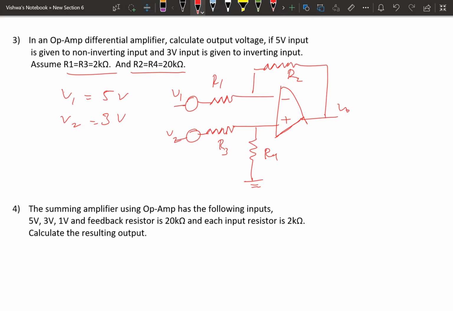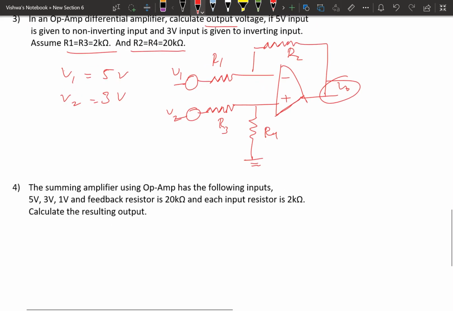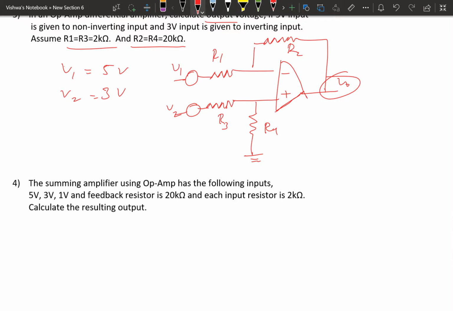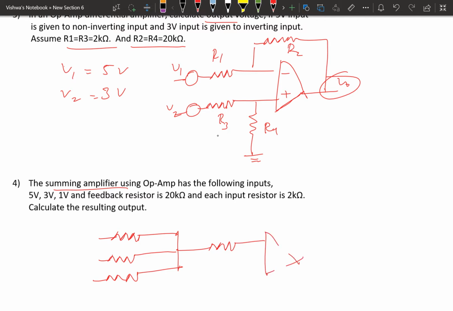Next problem, there is a summing amplifier. For the summing amplifier, 3 voltages are given. 3 voltages means 3 resistors are there. These all together will be connected to the operational amplifier. This is the output, and this terminal is grounded.